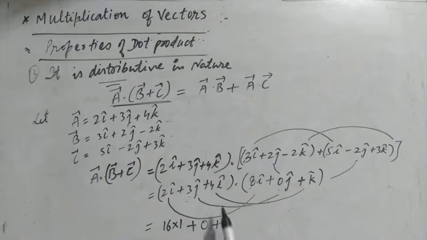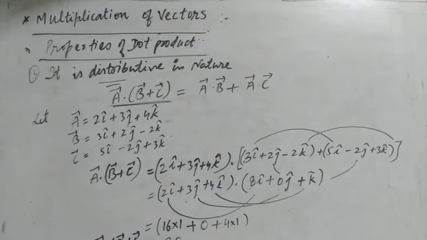Plus 4k into 1k. So 4 into 1 becomes 4. k dot k becomes 1. So this becomes 16 plus 4 is 20. So a vector dot (b plus c) vector is equal to 20.